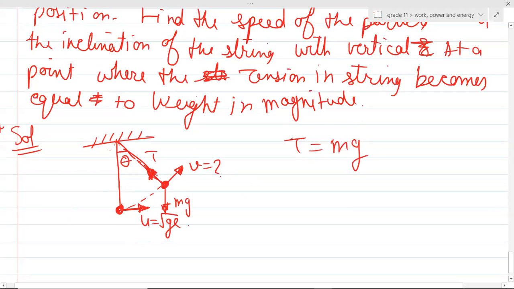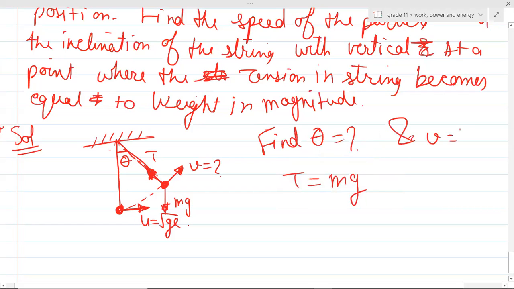So the question is basically to find the value of theta and v when tension is equal to mg. Everyone understood the question?